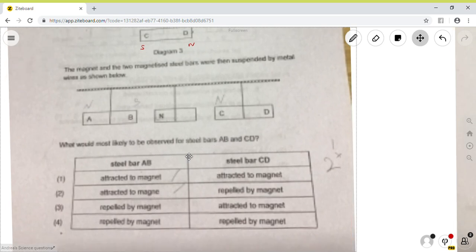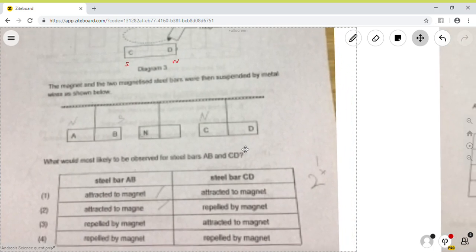What would be observed for steel bar A, B, C, D? So you chose 2. Attract to magnet. Because C is south. Wait, repel by magnet. C should be south. So this one is correct. North, south here.